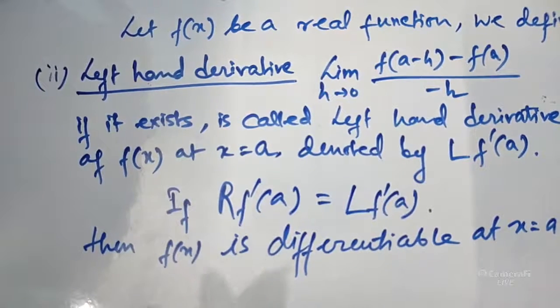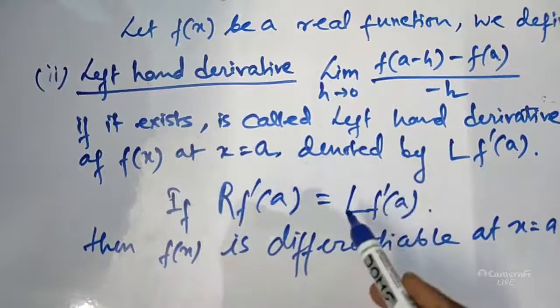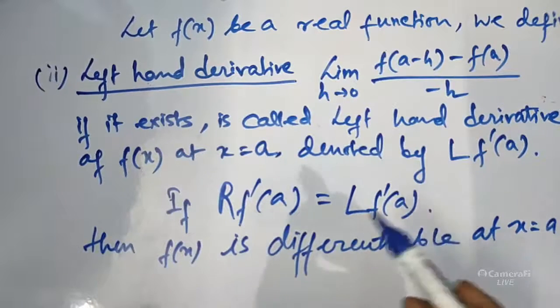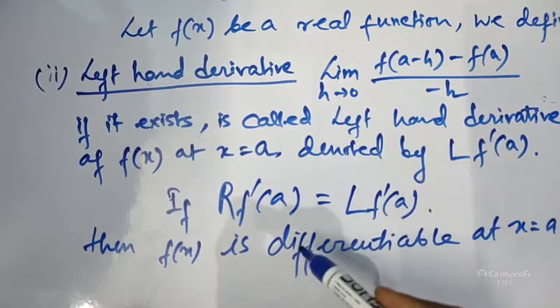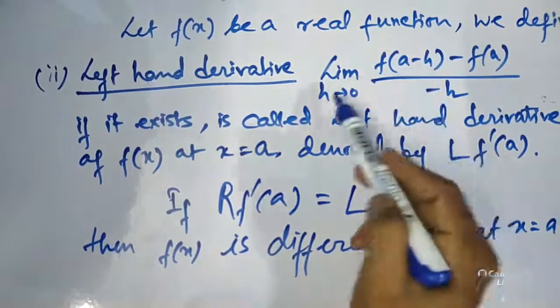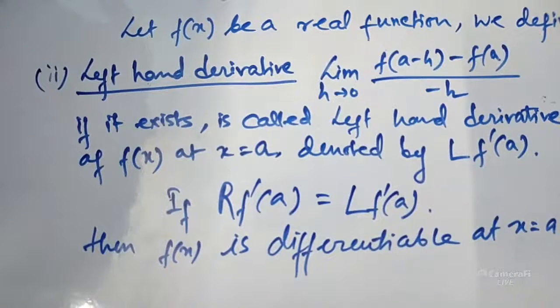So when a function f(x) is differentiable at a particular point, its right hand derivative is equal to its left hand derivative; then only the function is differentiable. If both the values are not equal, then the function is not differentiable. And here h is a very small quantity, h always tends to 0. So this is the definition of differentiation from first principle.